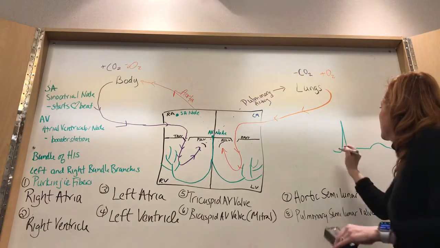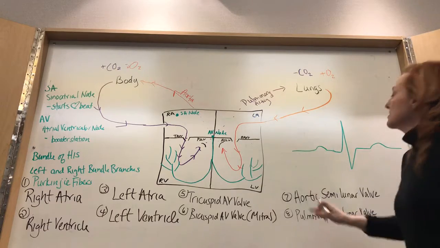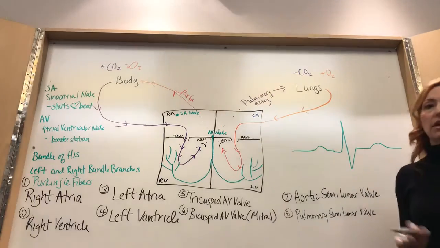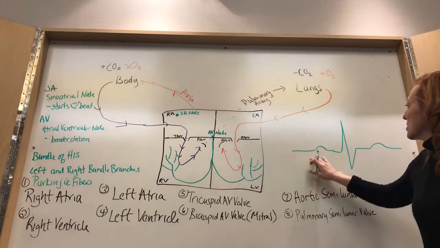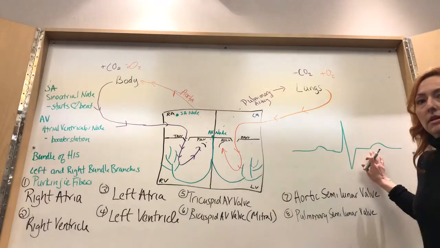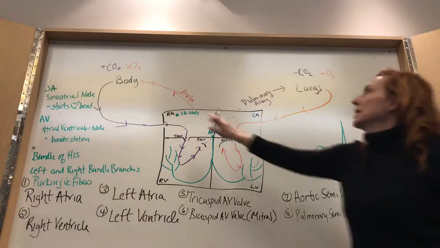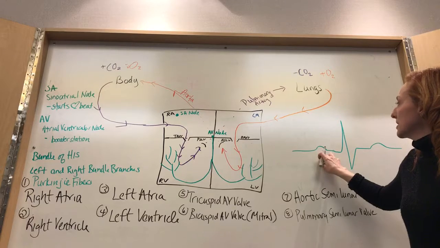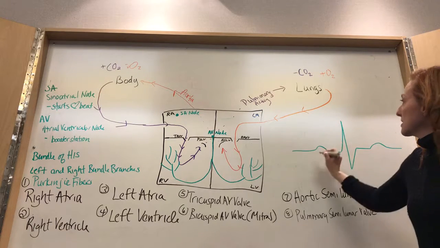It's called an EKG or an ECG, and it's a visual representation of the electrical activity of the heart. So this picture represents the traveling of the electricity through the heart. This here is the SA node. This is the P wave.